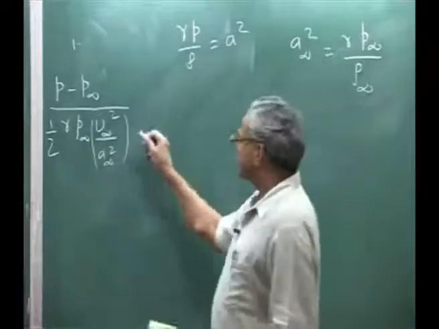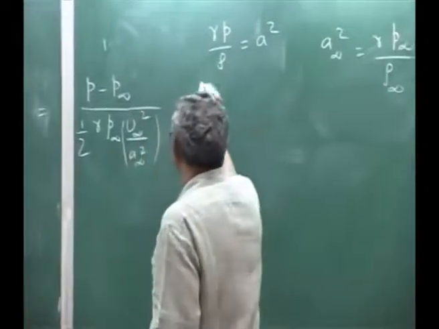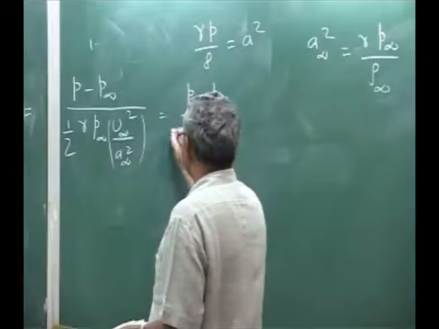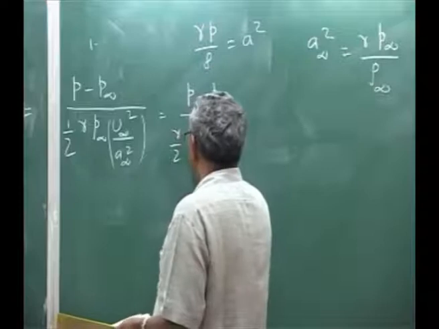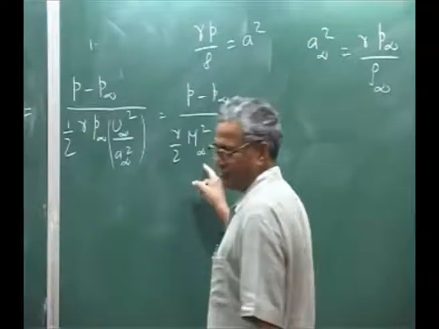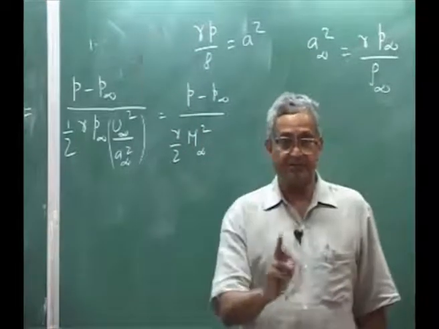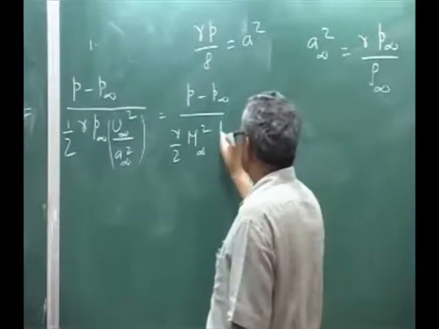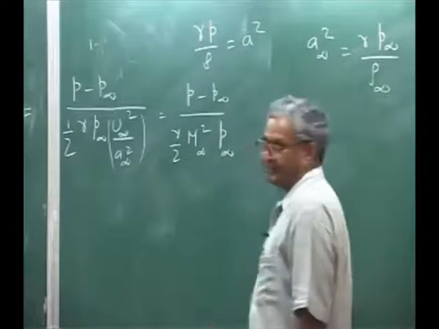So this is essentially Cp is p minus p infinity over gamma over 2 M infinity square, where I use M infinity because it is the Mach number at far field, not the local Mach number, into p. Okay.